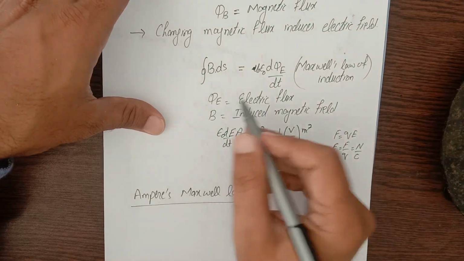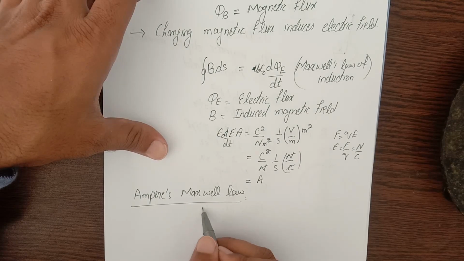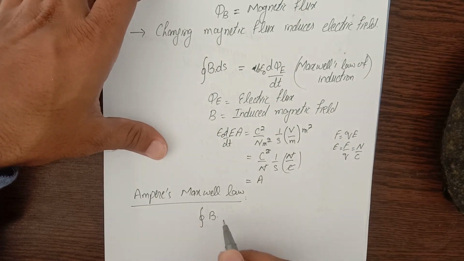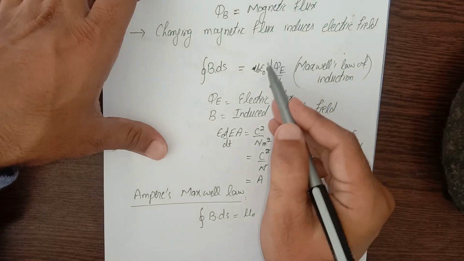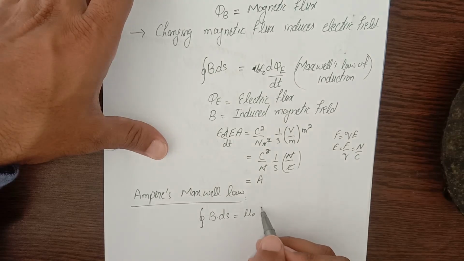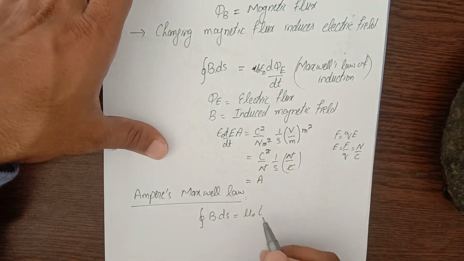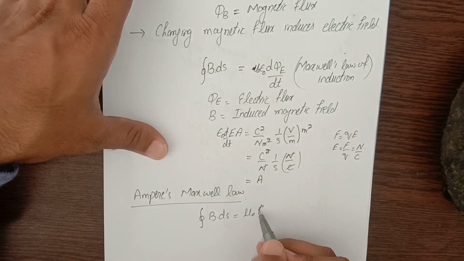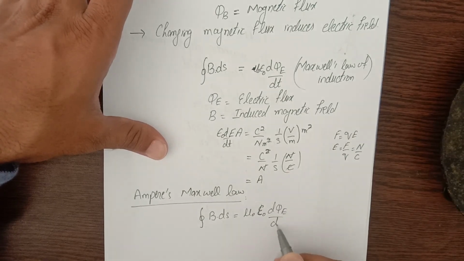Since this has the units of current, I can say this is my current I. Later I would call this with some other name, or you can say mu naught epsilon naught d phi E by dt.